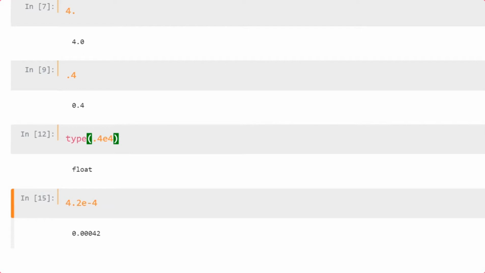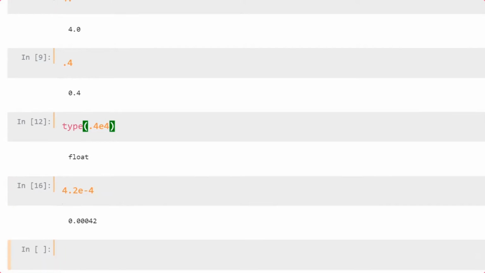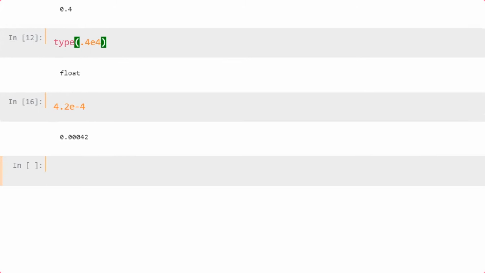The next understanding is, what is the maximum value that it can go with when it comes to the floating representations? Let's take another example. Here, if you look at it, I'm trying to print 1.79 exponent 308. Oh, that looks to be a huge number, right?